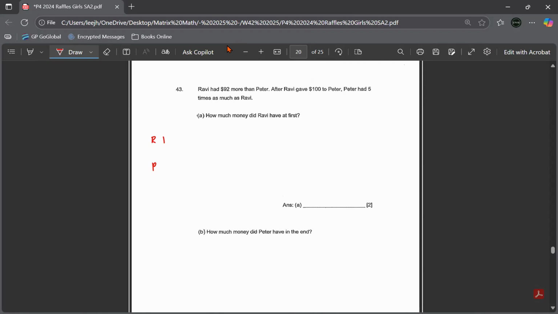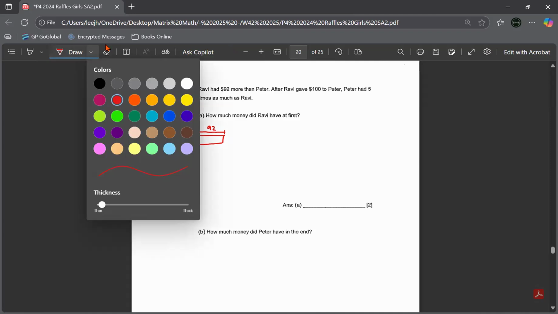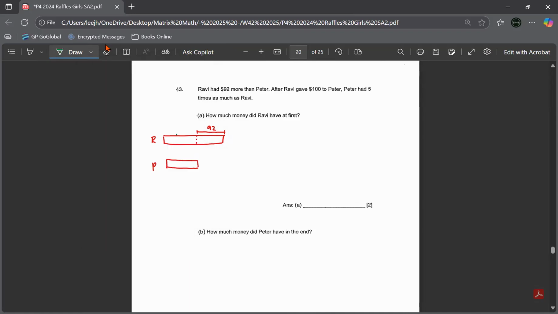So Ravi 92 more than Peter. Okay, so this is $92. Okay, so I'm going to show that Ravi gave 100 to Peter. So 100, so it's like more than this. So here, this is given to Peter, $100.